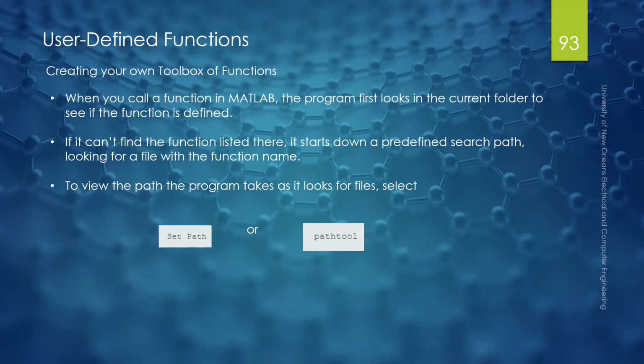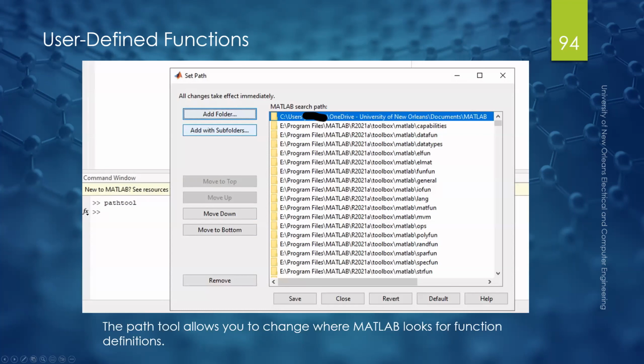If you want to know where your functions may be located, or if you are looking for a function that you defined and used previously but now cannot run because you cannot find it, you can use the pathtool command, as we'll see in the next slide.